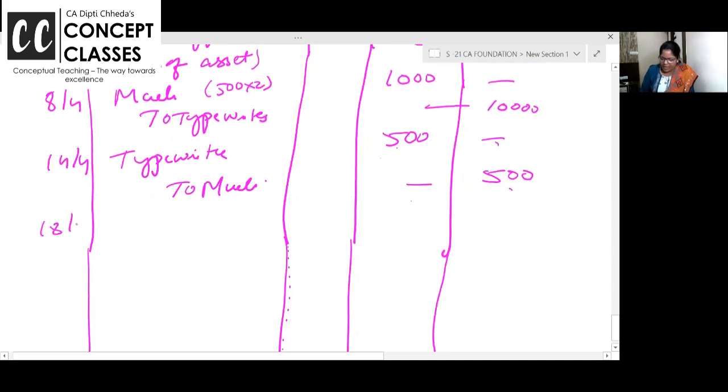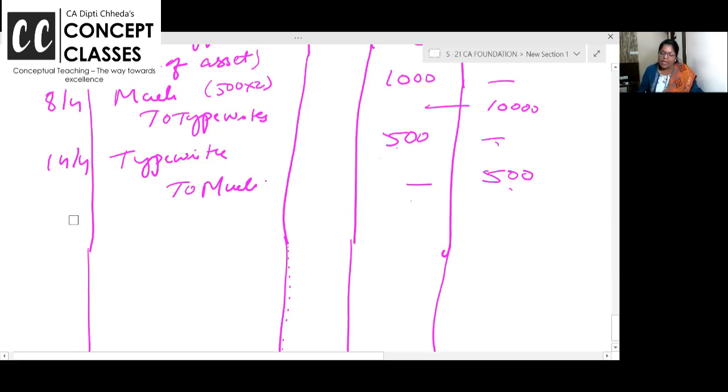Again on 18th we will. I hope the transactions which I have asked you to cancel are clear. After 14th, 18th we will not record because that's a return in cash.